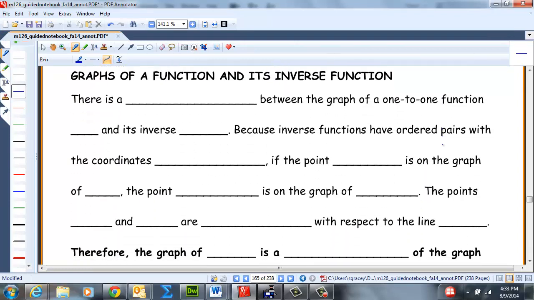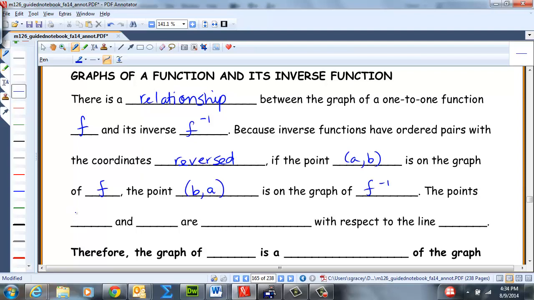Okay, graphs of a function and its inverse function. There is a relationship between the graph of a one-to-one function f and its inverse, f inverse. Because inverse functions have ordered pairs with the coordinates reversed, if the point (a, b) is on the graph of f, the point (b, a) is on the graph of f inverse.